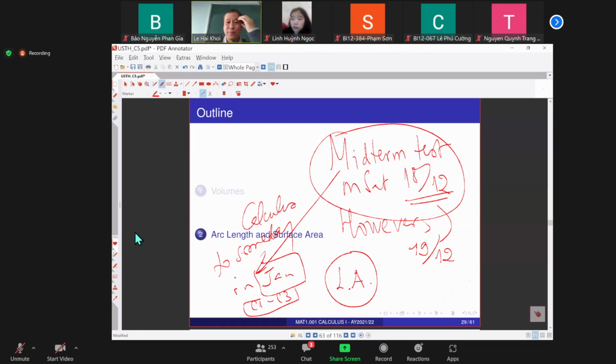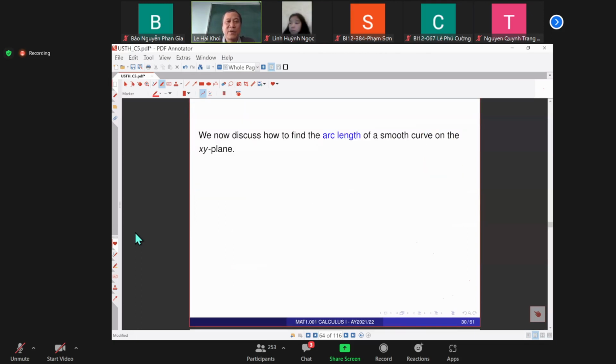From the volume, now we move to the arc length and surface. How to find arc length, which means if you have some curve like that, y equals f(x), and I want to find this path from alpha to beta, how about the length of that?